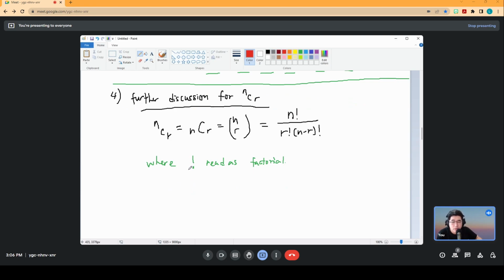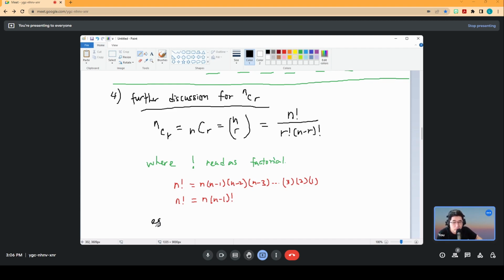If I have n factorial, it means n times n minus 1 times n minus 2, and n minus 3 all the way until 3, 2, 1. Of course, you can write it in reverse, it doesn't matter. So in other words, n factorial also equals n times n minus 1 factorial.